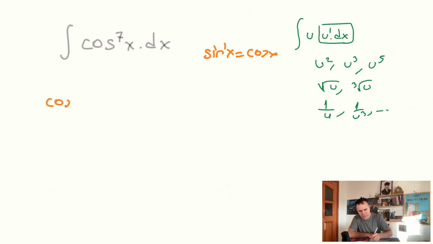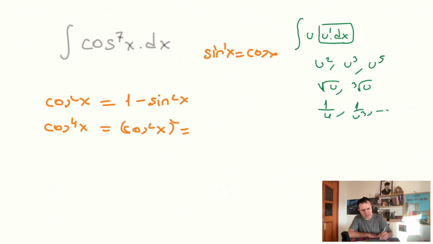Cosine squared of x can be written as 1 minus sine squared of x. Cosine to the power of 4 of x is equal to cosine squared of x, squared, so we can write it as 1 minus sine squared of x, squared.